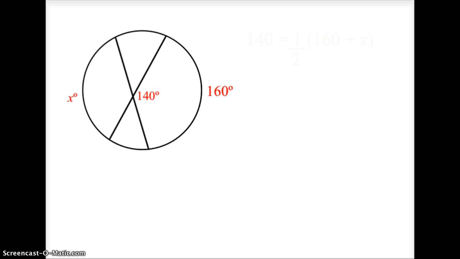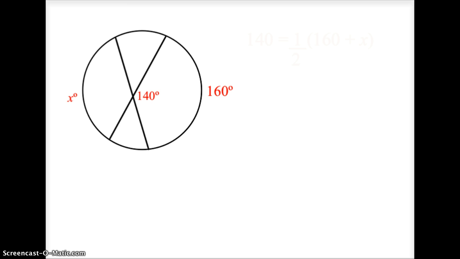What happens though if we're given the measure of the angle and we're given the measure of one arc and it's still the two chords that are inside the circle and intersect? And I want to find the measure of the other arc, x. This is strictly algebra. You use the same formula that you had before, only this time you're going to be able to substitute in the measure of the angle.